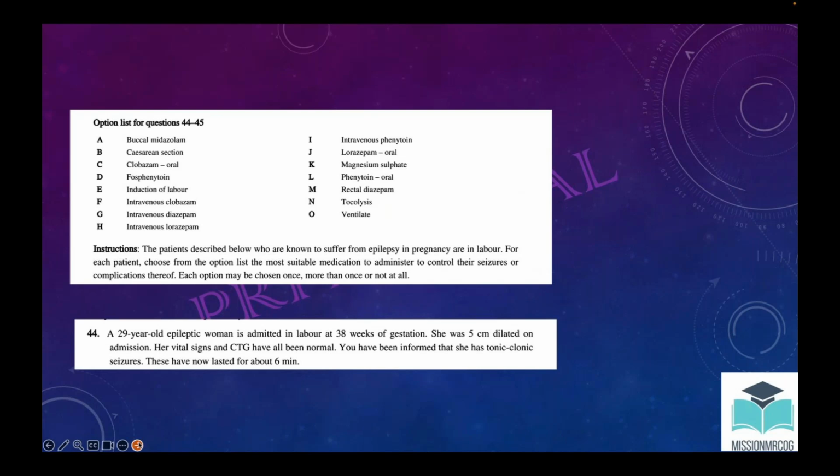Okay, so now this is about epilepsy. The woman suffers from epilepsy in pregnancy. So a 29-year-old woman admitted at 38 weeks. She is 5 centimeters dilated, CTG fine. She has a clonic seizure that lasted for 6 minutes.